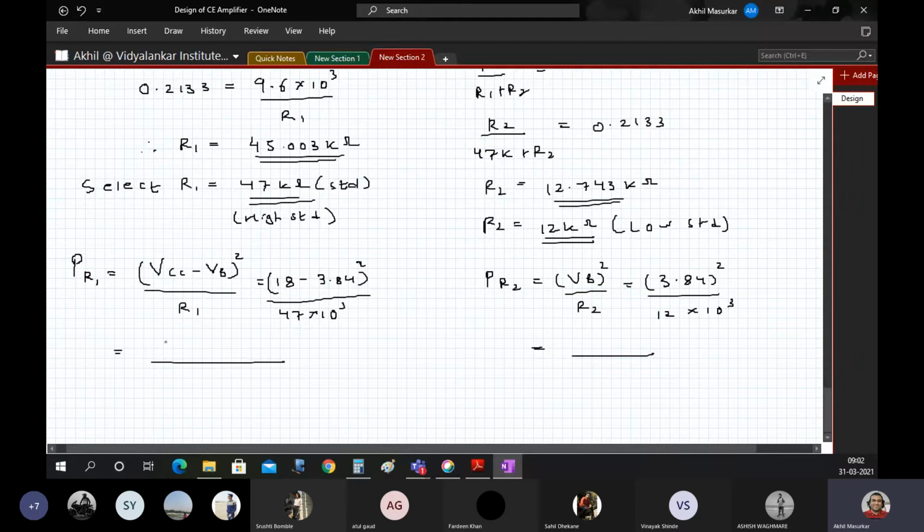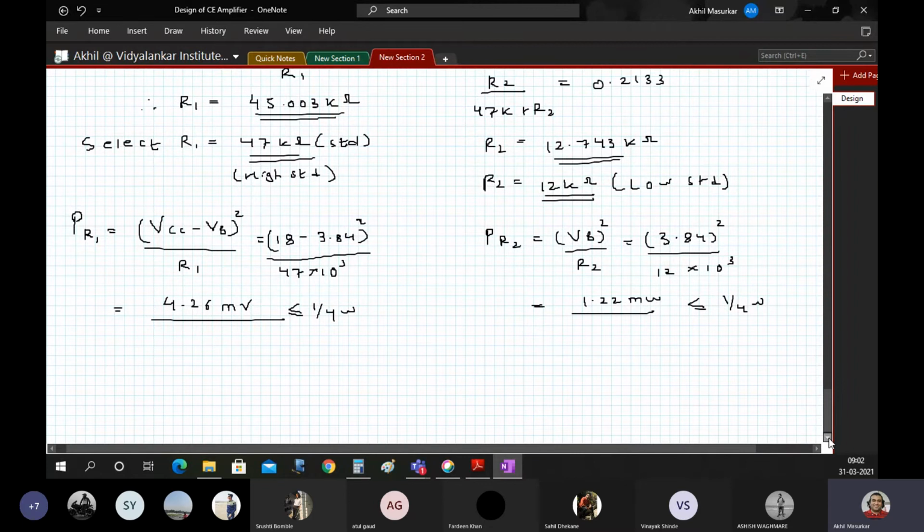According to my calculations, I get PR1 as 4.26 milliwatts and PR2 as 1.22 milliwatts, and both these are less than quarter watt.